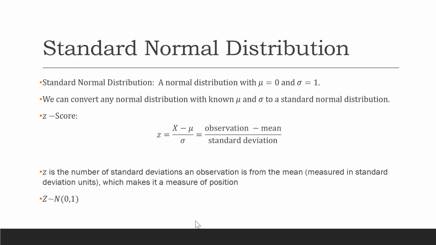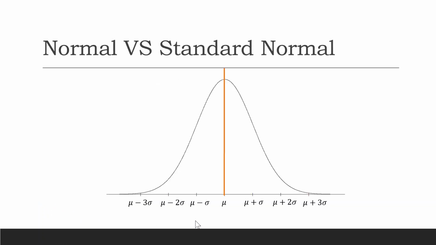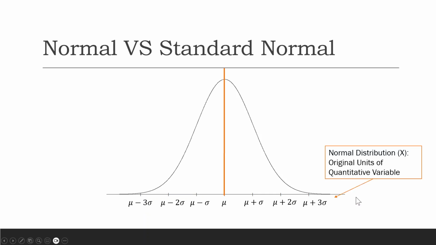All right. And so the value of having our standard normal distribution is that instead of having our axes and our normal distribution labeled in the original scale of the variable, where we're having everything in terms of mu and sigma, now we can have our axis labeled in terms of standard deviation units.